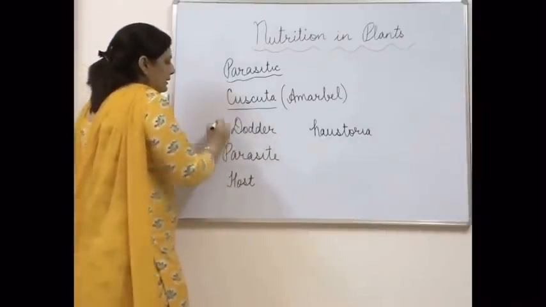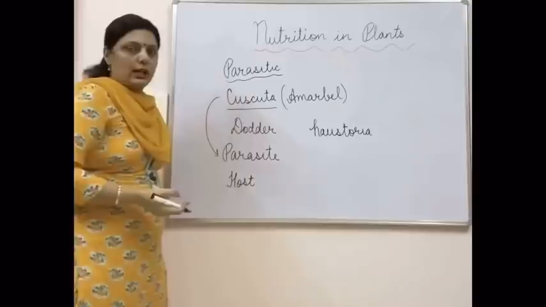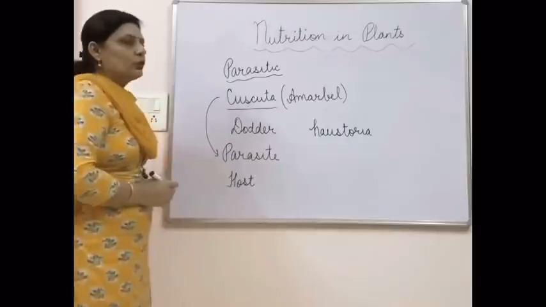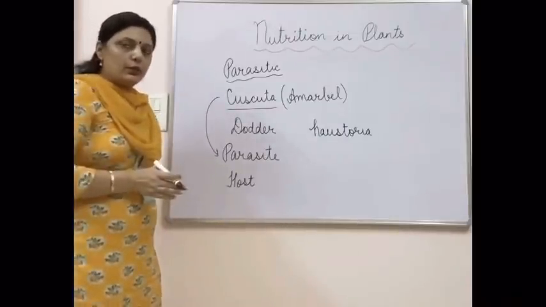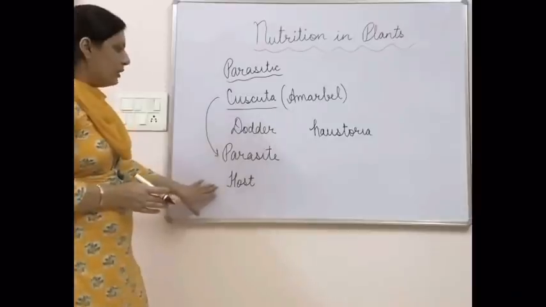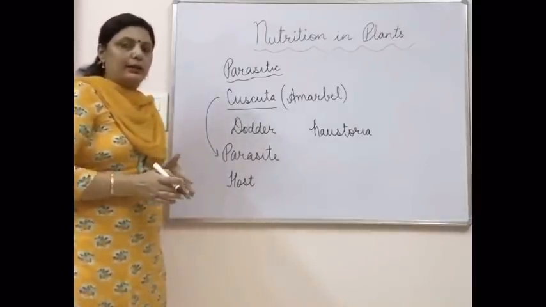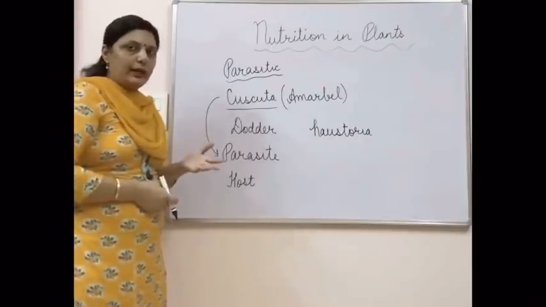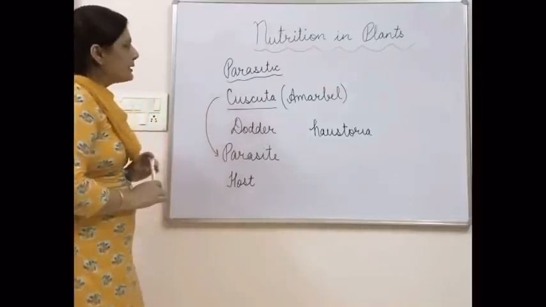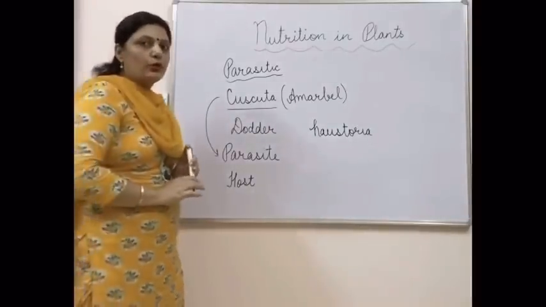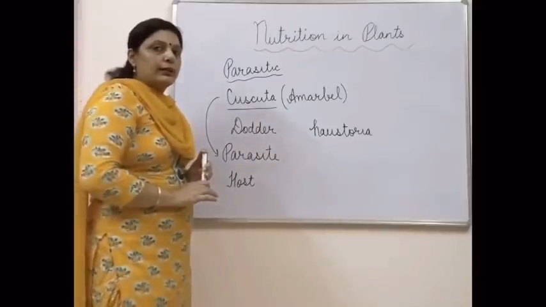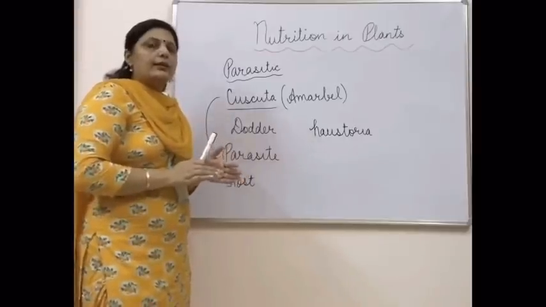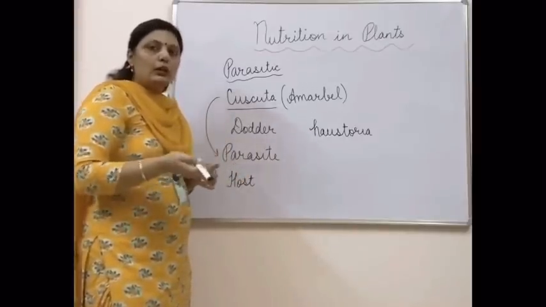So cuscuta is the parasite, and wherever it climbs, whether it is a small plant or a tree, that is its host. It sucks all the nutrients from the host plant, depriving the host of its nutrients, and ultimately that host may even die. That means the plant will completely dry up and die. So the parasitic mode of nutrition is generally that mode in which one organism harms another organism, and sometimes it harms to a level that it leads to the death of the host plant.